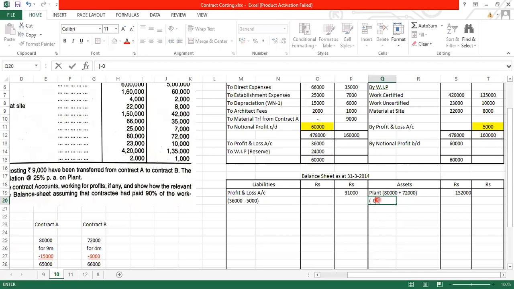On that we have charged the depreciation as well, so less. Thousand plus 6,000. So this will be 21,000.